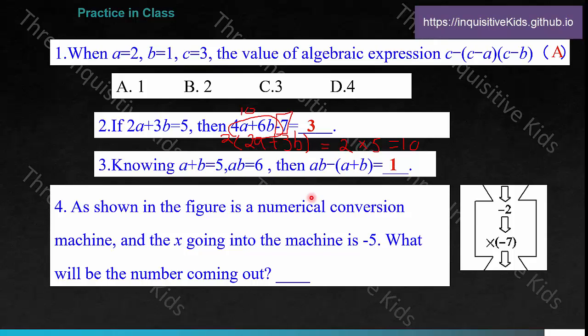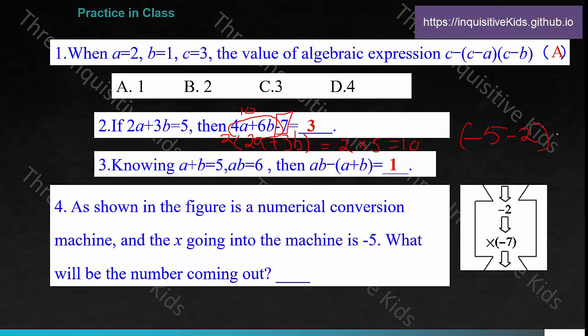And the last problem. As shown in the figure is a numerical conversion machine, and the x going through the machine is -5. What would be the output? It already said that we started with the number -5. And then we added a -2, which would be -7.